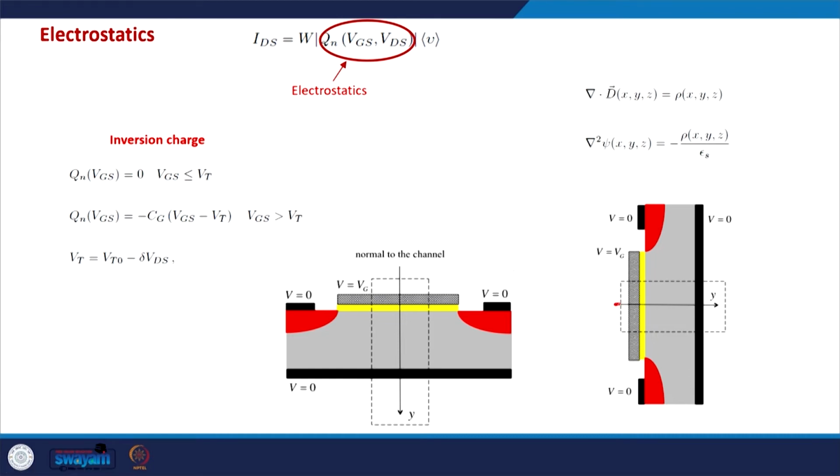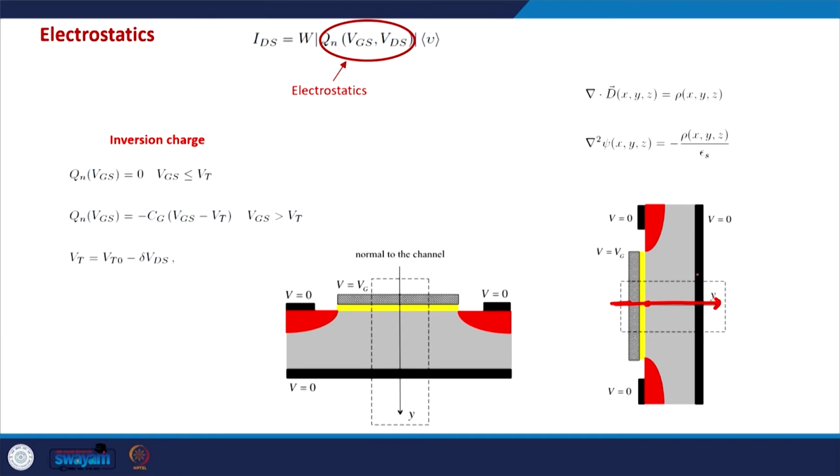In this direction, the direction from gate to the semiconductor side, because of an applied gate voltage, there is a certain potential that is created, that arises in the semiconductor as well.